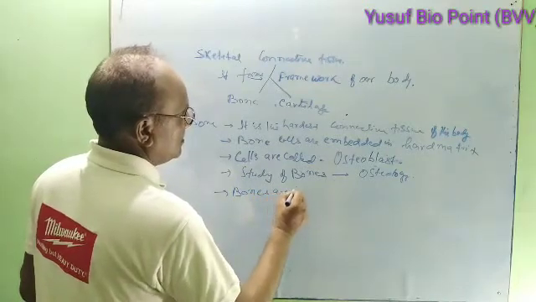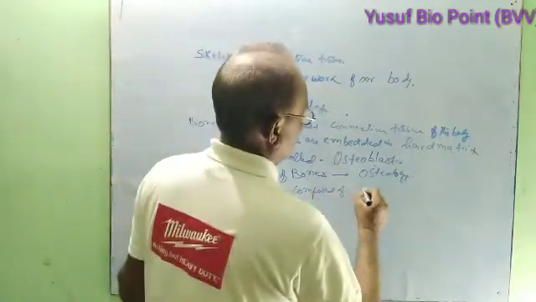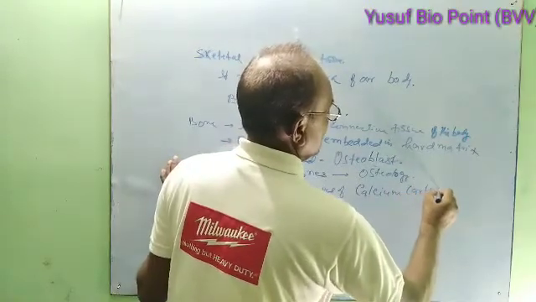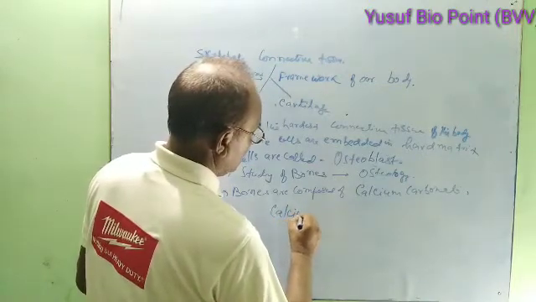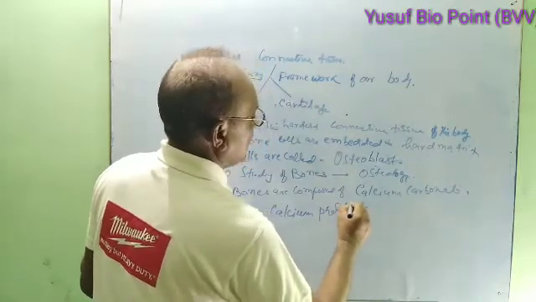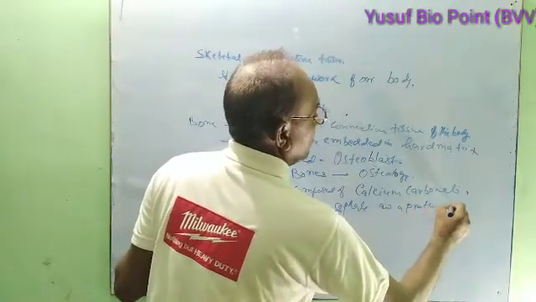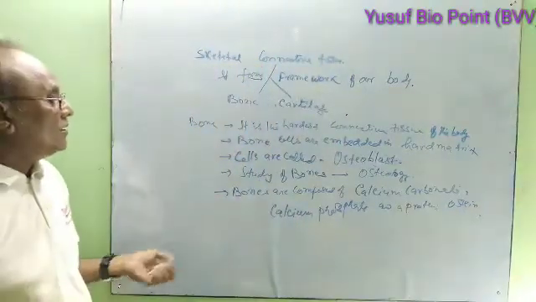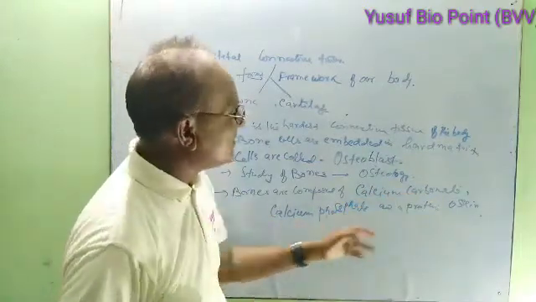Bones are composed of calcium carbonate, calcium phosphate, and a protein called ossein.